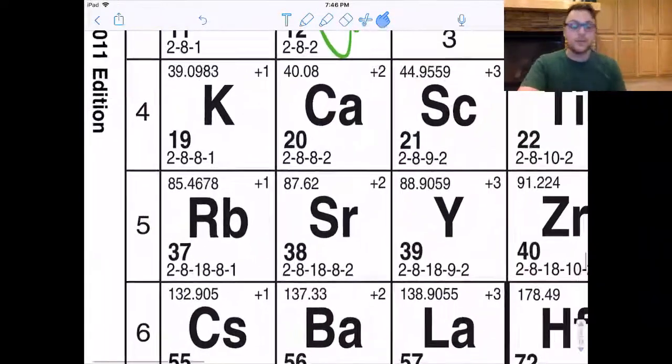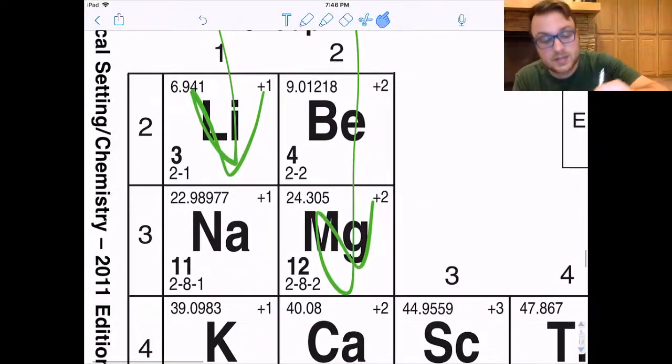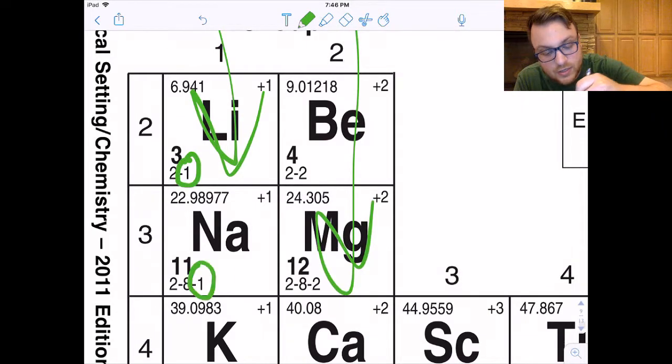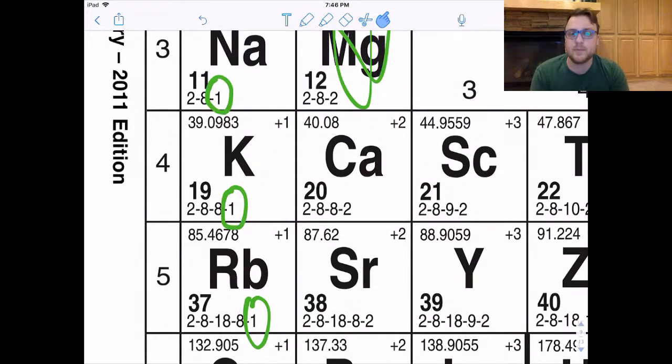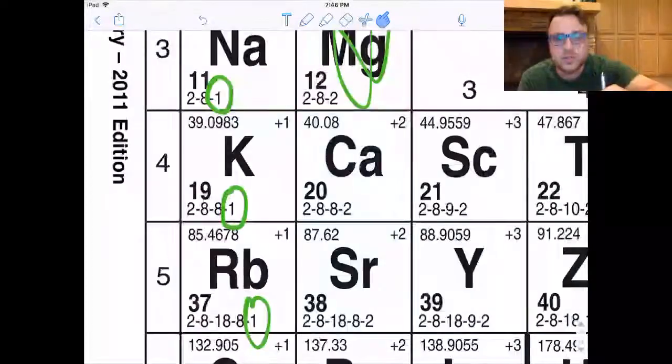And that's because, and you might be tempted to say charges are the same, but it's because their valence electrons are all the same. And if you're not sure, if you really don't remember, how do I justify that it's the valence electrons and not the charge? Well, just look at any other group. Let's take group 4.